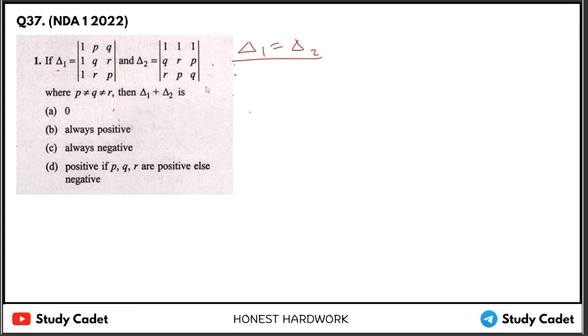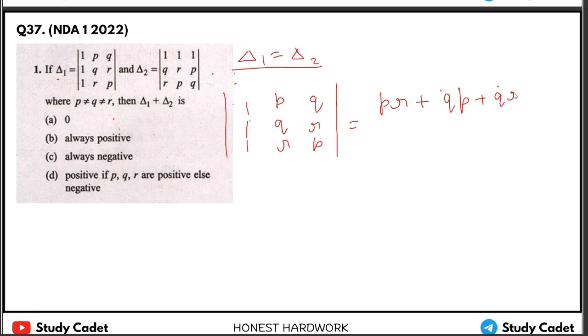Is it positive, negative? We should also know that for the determinant 1 1 1, P Q R, the value of this will be PR plus QP plus QR minus Q square minus R square minus P square.